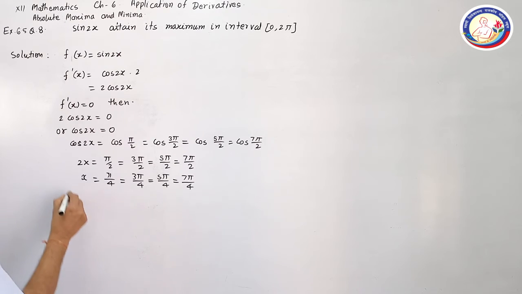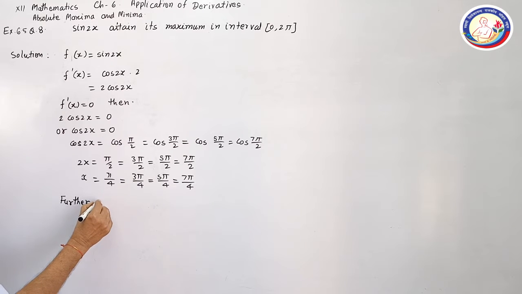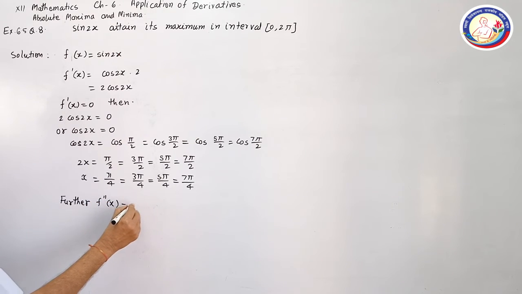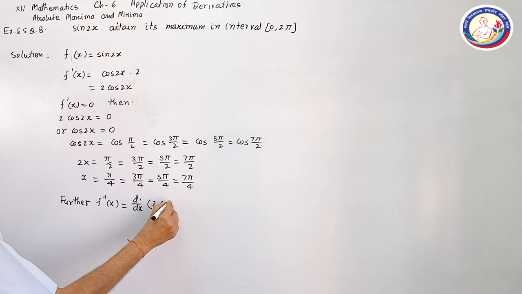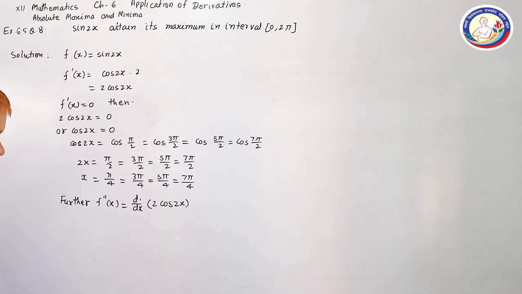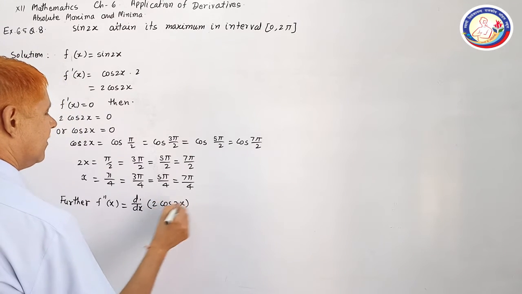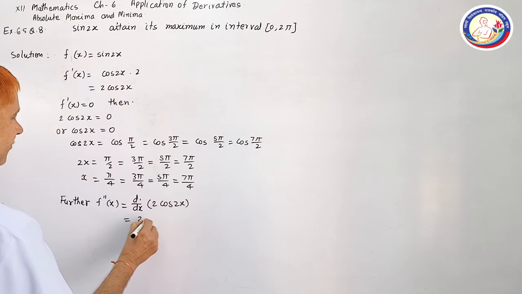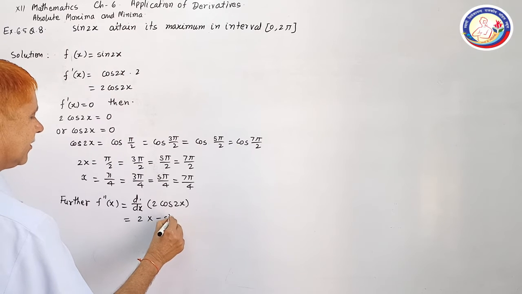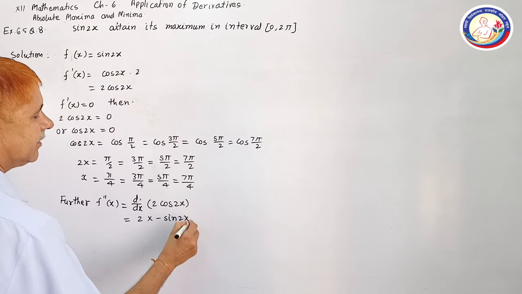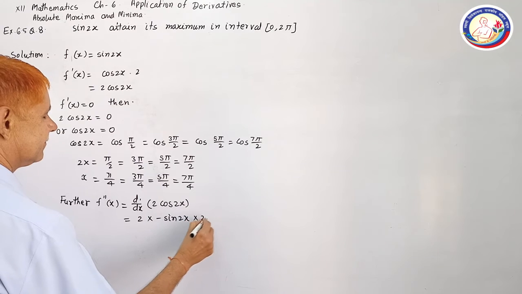Now find the second derivative. Further, the second derivative will be the derivative of this twice cos 2x. And this is 2 into the derivative of cos 2x, which is minus sin 2x, and that of 2x with respect to x is 2.